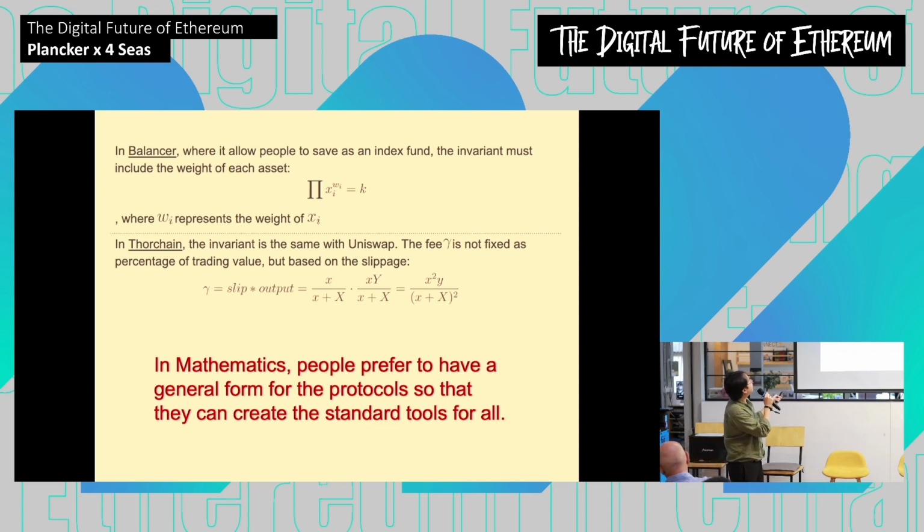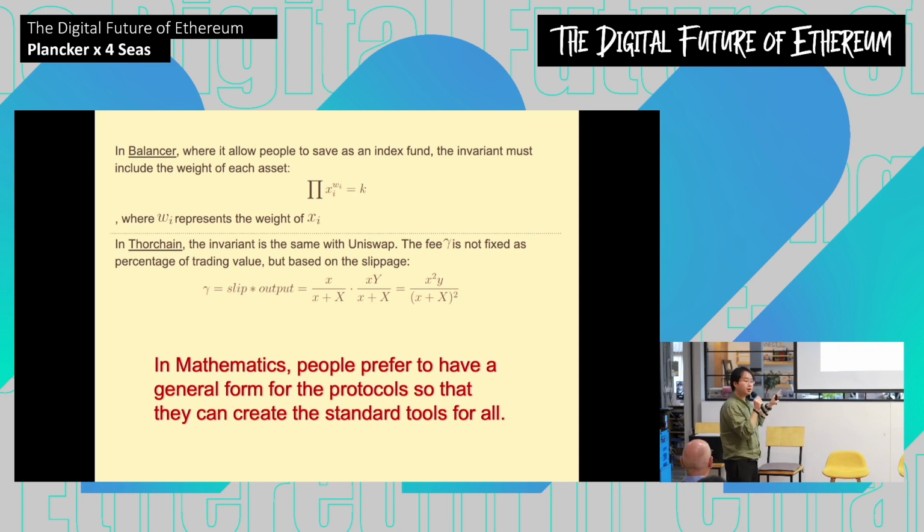And this next thing is quite interesting for me: THORChain. THORChain is very different from what we have focused on, because what we have focused on is based on ERC20 on the Ethereum blockchain.